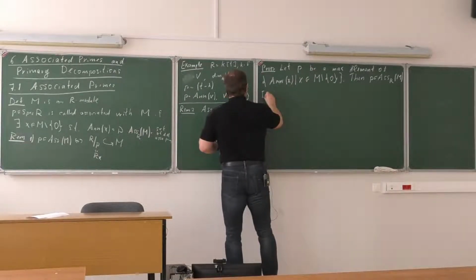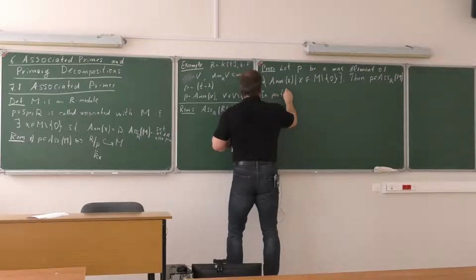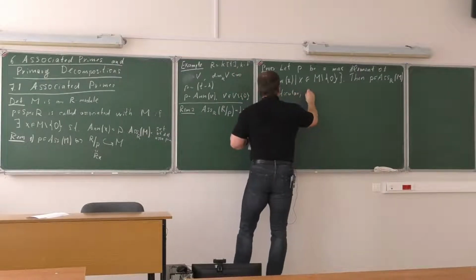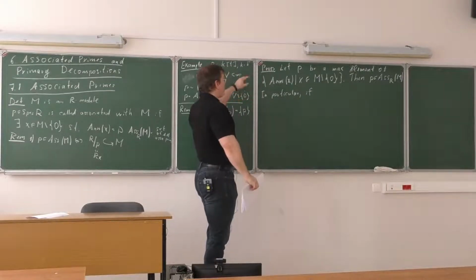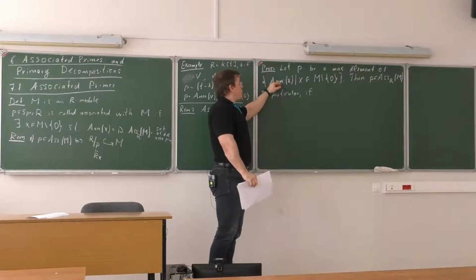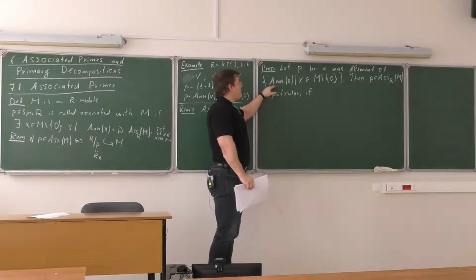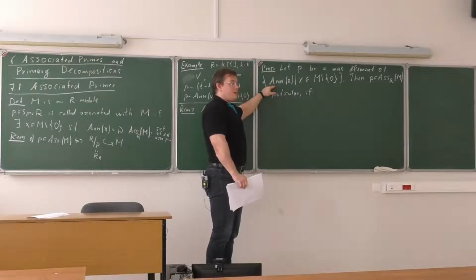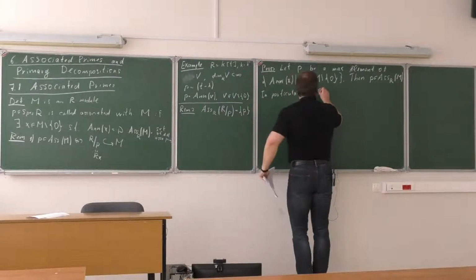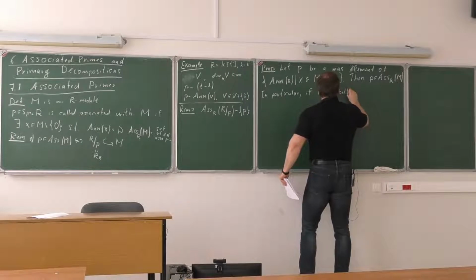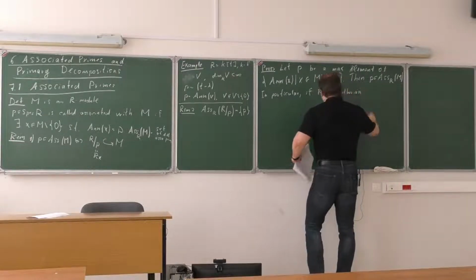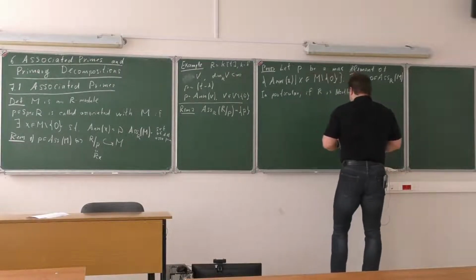So in particular, we know that a maximal element is an associated prime, but we don't know in general that for a given set of ideals there is a maximal element in this set. But we know this definitely when the ring is Noetherian. So in particular, if R is Noetherian, then in this set we have maximal elements.